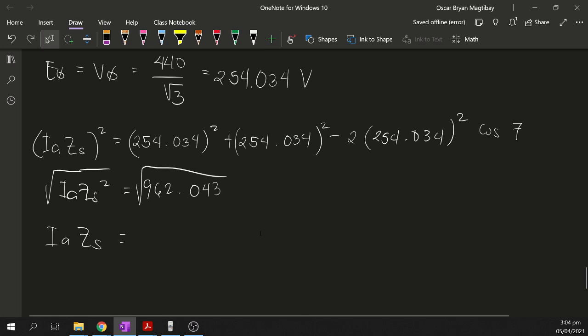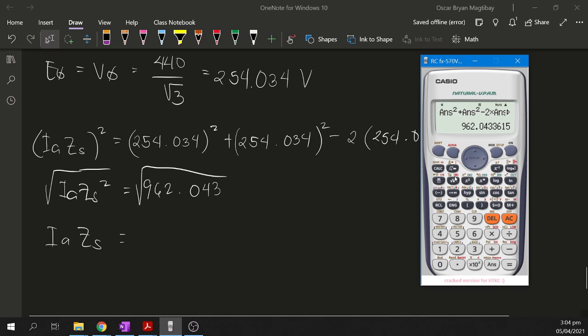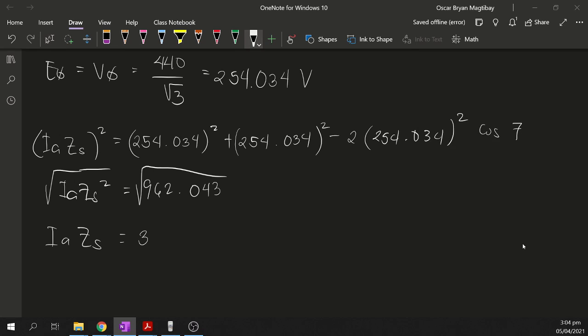IAZS now is equal to square root ng answer, 31.017 volts. Ito po yung ating IAZS.